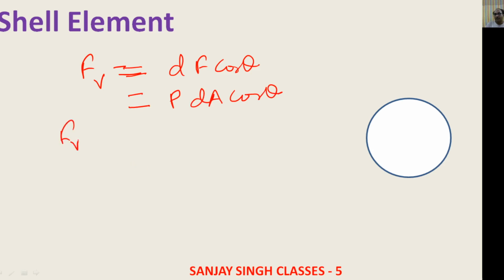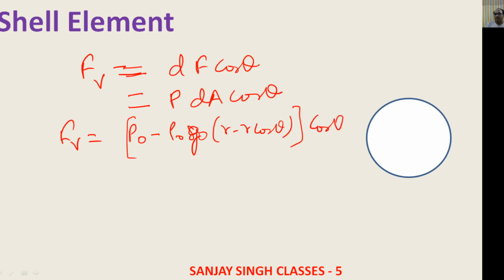P we have already found out, so it is P0 minus rho 0 Z0 R minus R cos theta, into cos theta into dA, which we have already found as 2 pi r square sin theta d theta.